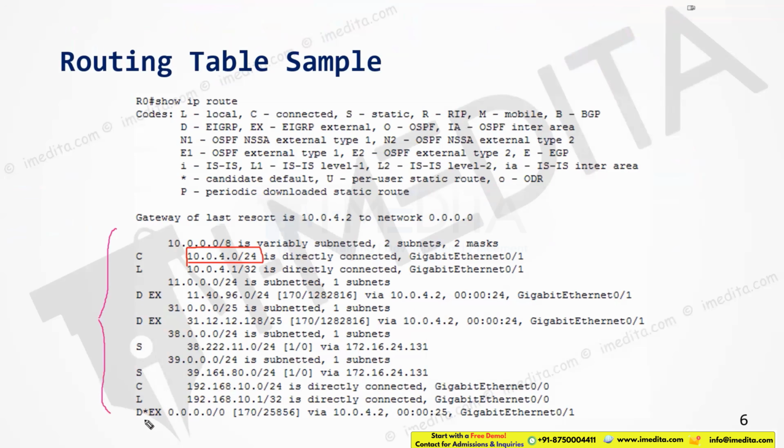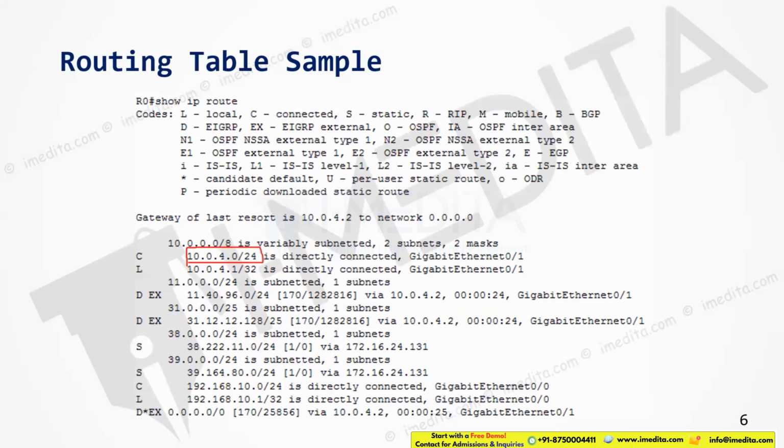Also, there is the default route. If you do not exactly know how to go to a certain destination, you can still reach the destination using this thing called the default route. The default route is the gateway of last resort.